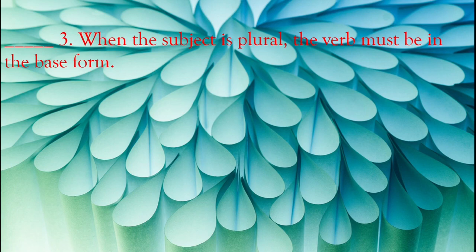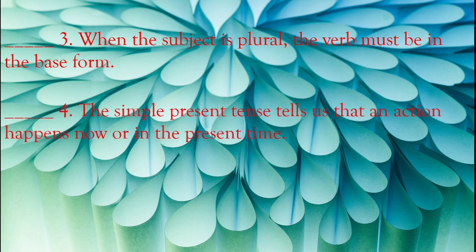When the subject is plural, the verb must be the base form. The simple present tense tells us that an action happens now or in the present time. A singular subject counts 1.